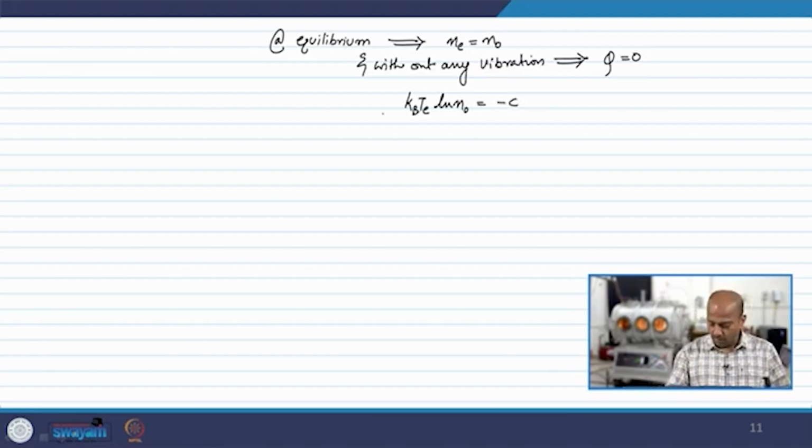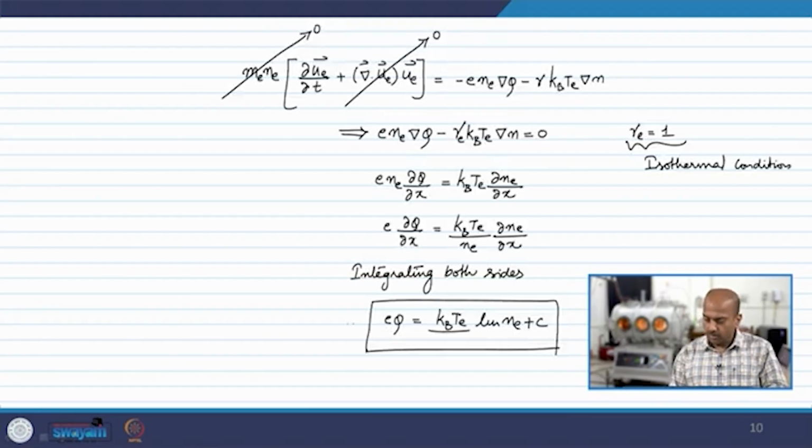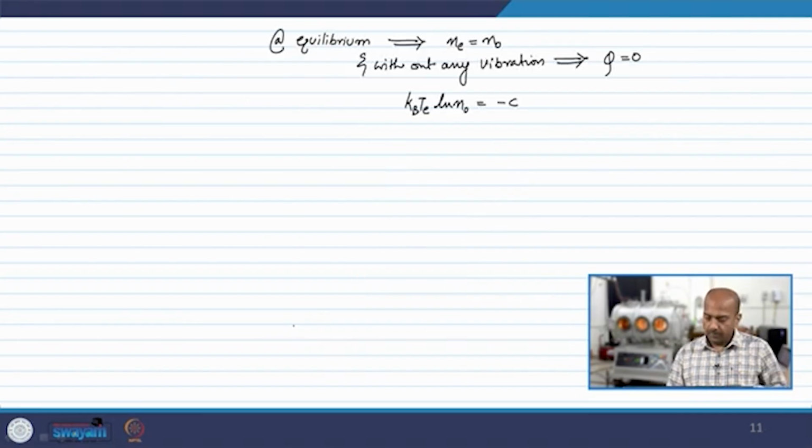We call this equation 3 and this equation 4.